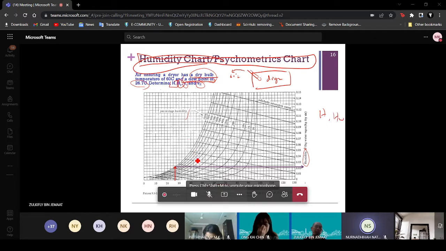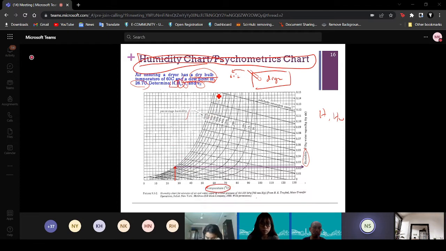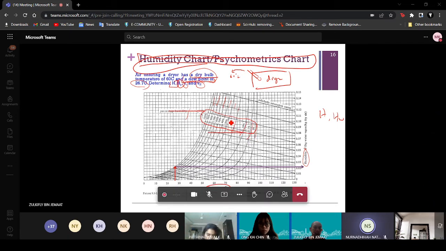Normally those two are the ones you will use. And here you see this curve is basically what we call percentage humidity. So this line is where the percentage humidity is laid down, all the percentages.